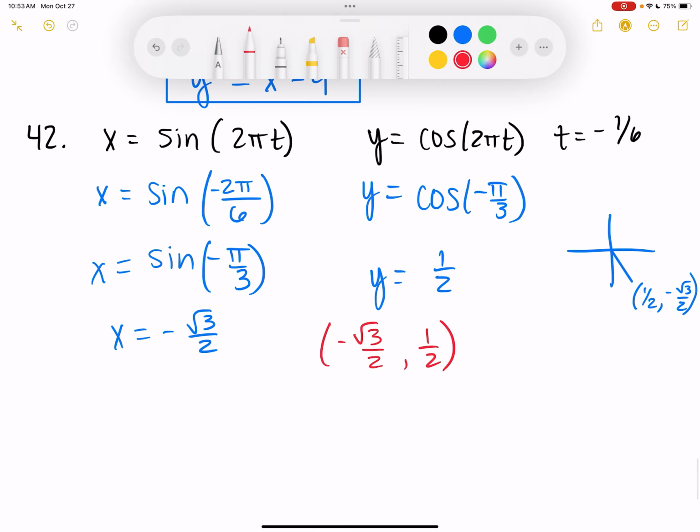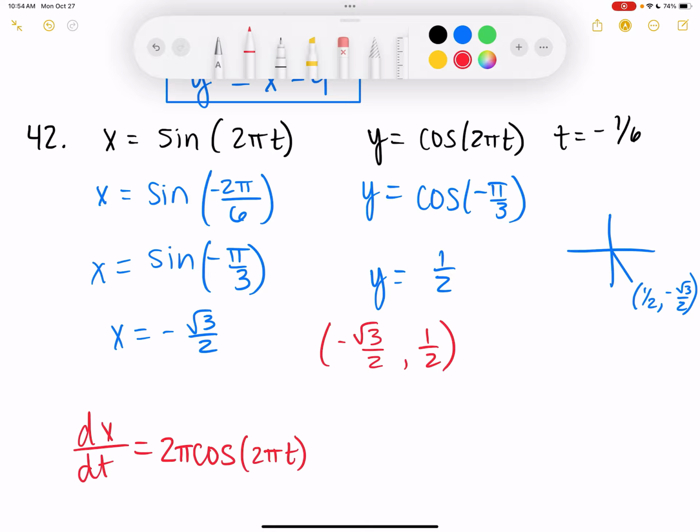So I've got to take the derivative of each of these pieces now. So what would the derivative of x be with respect to t? Cosine 2 pi t, and then this would be 2 pi times that. Yep.